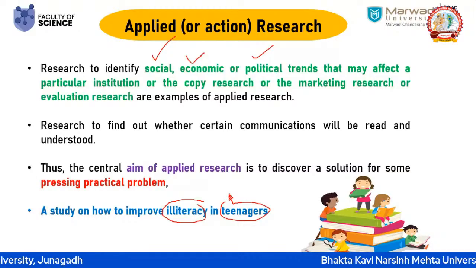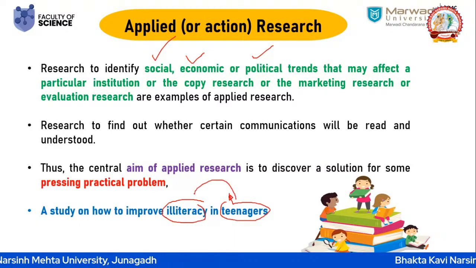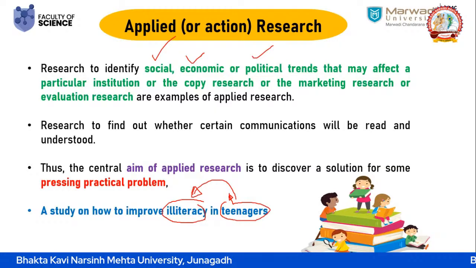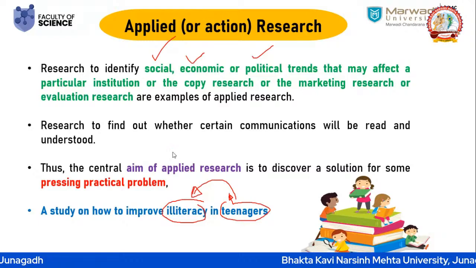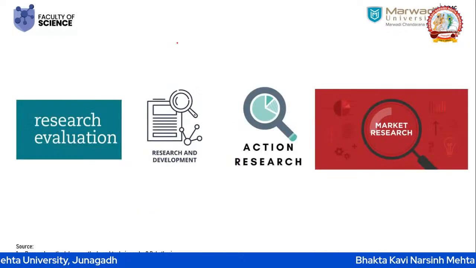So if you are developing certain methods, techniques, or anything that makes teenagers divert towards literacy, or become more study oriented, then it is real time research that you are doing, and you are targeting a problem which is very real time. So with respect to that, you can understand how the research can be effectively targeted to the people with respect to applied or action research.